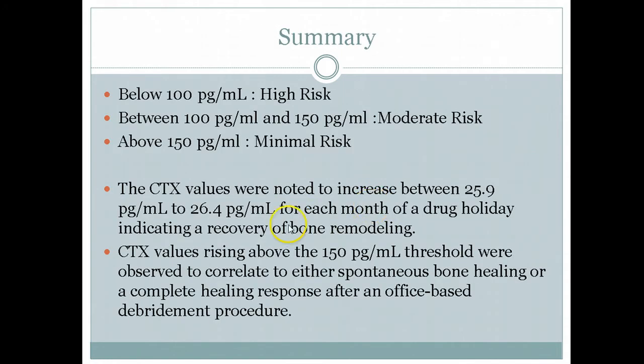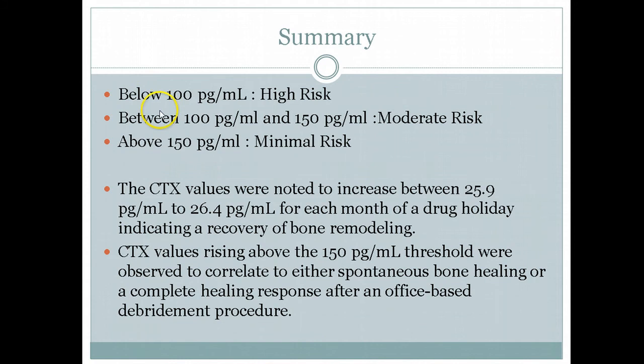So when you do take this CTX test, it's basically you write a prescription, and in the prescription it says CTX 1, C-telopeptide, and you have to be morning fasting. And I'll have an example later on. I'll actually show you a script of it in here.